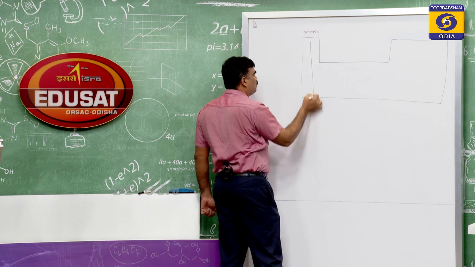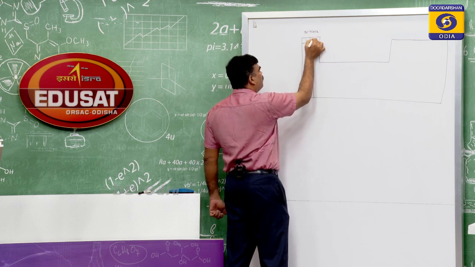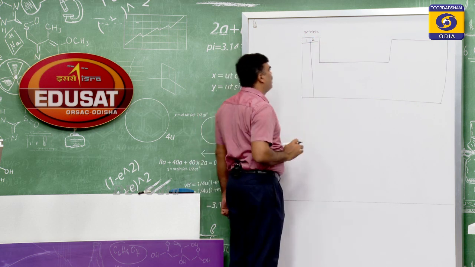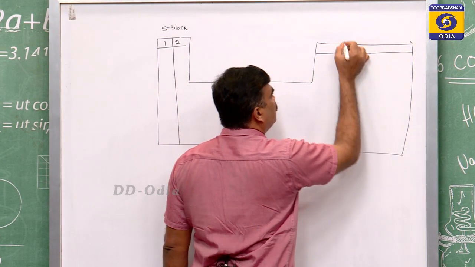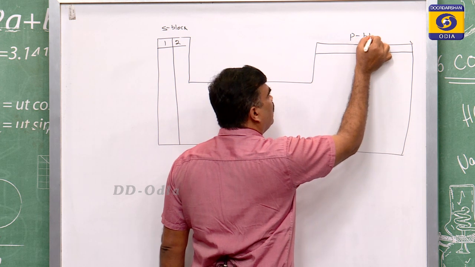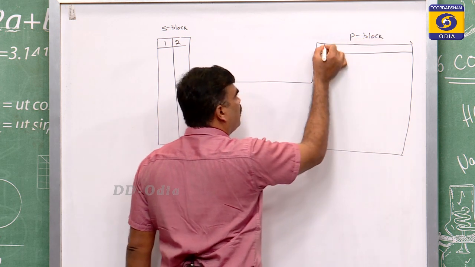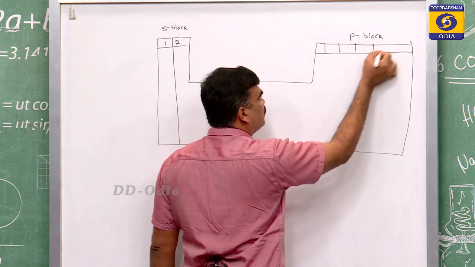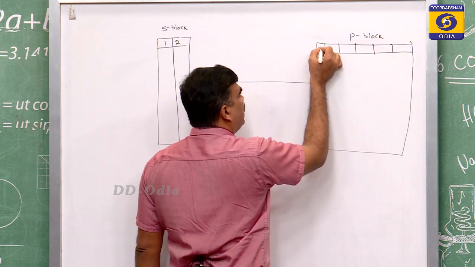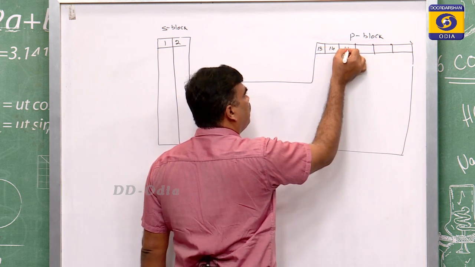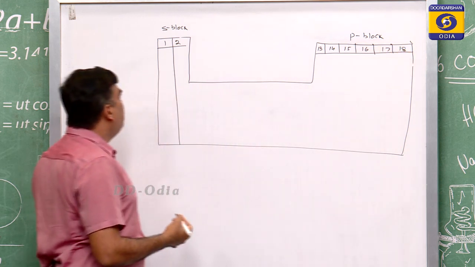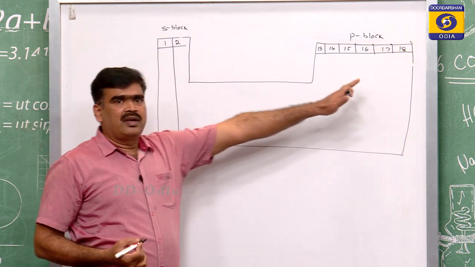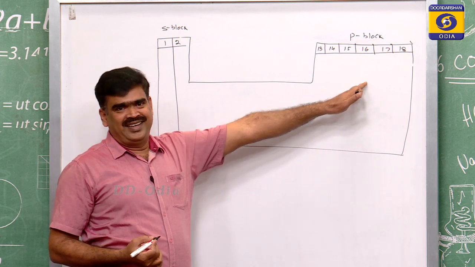It contains 2 groups, group 1 and group 2, the alkali metals and alkaline earth metals. On the right hand side, you have 6 groups called P block, groups 13, 14, 15, 16, 17 and 18. In between this S block and P block, your D block is located.